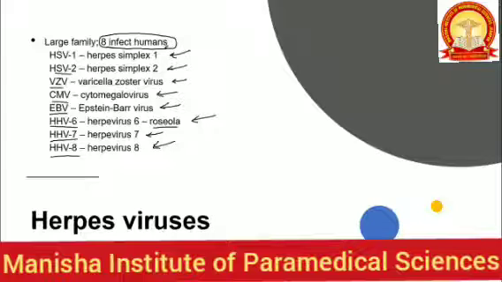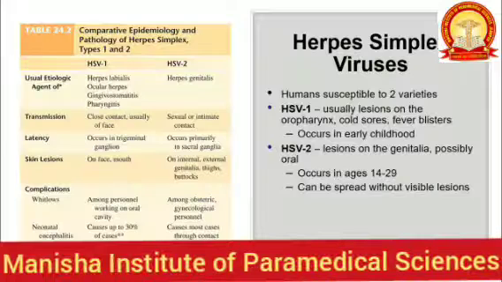So these are the 8 viruses from the herpes virus family that can infect humans, and they are associated with totally different types of diseases.